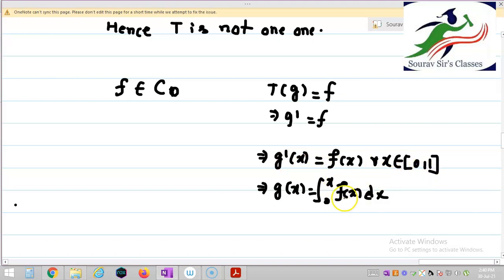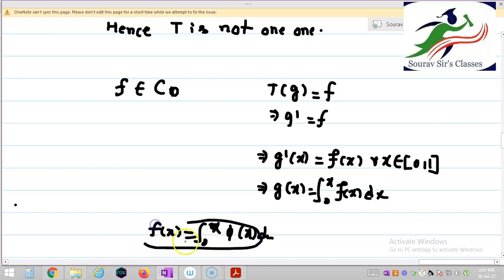Now observe that it is known to us that f belongs to C0 means f is continuous. We know that if I write f of x is equal to integration a to x phi of x dx, if nothing is mentioned about phi, then f is continuous. If phi is continuous, then f is differentiable.